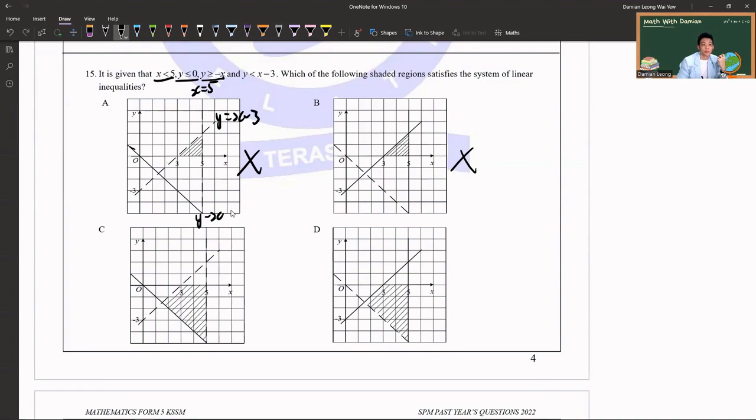So it should be above, which both follow, but this one is a solid line. This one is a dotted line. So dotted line would be wrong. Answer must be C. Whereas the other line, y less than x minus 3, the x minus 3 line should be a dotted line. This is a solid line, it's wrong. Okay, so answer C.